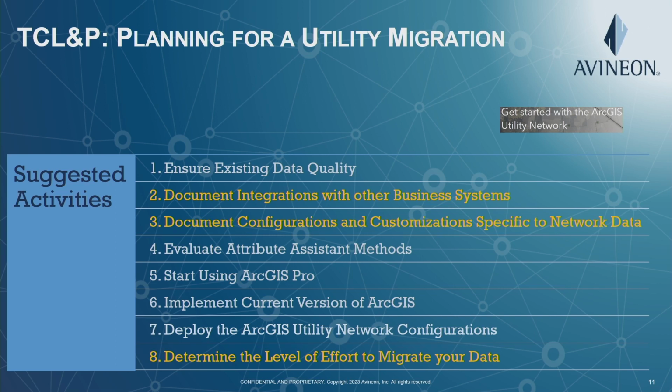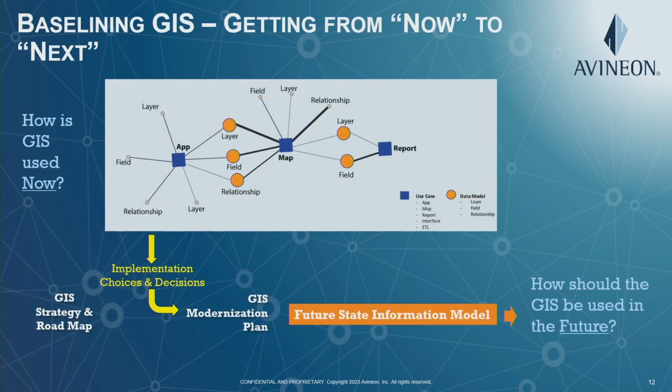I'm sure a lot of you have the same scenario where you've implemented ArcGIS Online or Portal, you've added your users, they have access, and now it's turned into the wild, wild west. You have maps over here, you have services over there, there's a lot going on. So before moving ahead to the full utility network implementation, we need to take a look and really see what's going on.